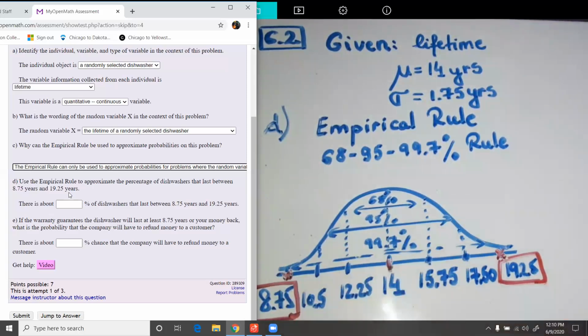To answer the question, I don't really have to do any other math, but just look at the answer right here.